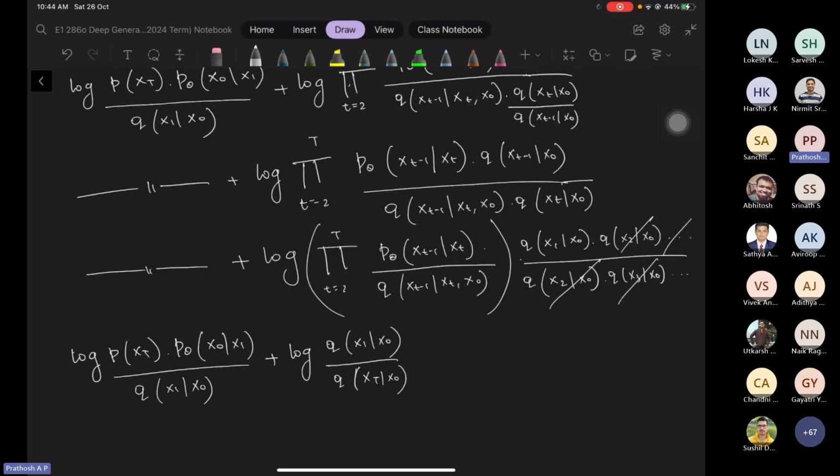Everything else will cancel out. The other term that we have is plus log of the product from t equal to 2 to capital T of p theta of xt minus 1 given xt divided by q of xt minus 1 given xt and x naught. All right, is that okay?